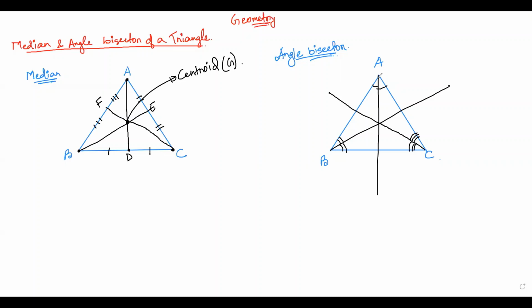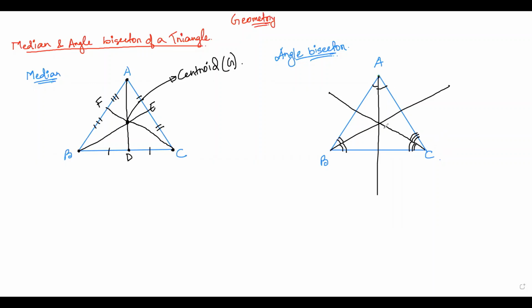If we draw a line from A such that this line divides the angle A into two equal halves, then this line is said to be the angle bisector for the angle A. In a similar way, if we draw a line which divides the angle B into two equal halves, then this line would be the angle bisector for angle B. And if we draw a line from the angle C such that this line divides the angle C into two equal halves, then this line would be termed as the angle bisector for angle C.